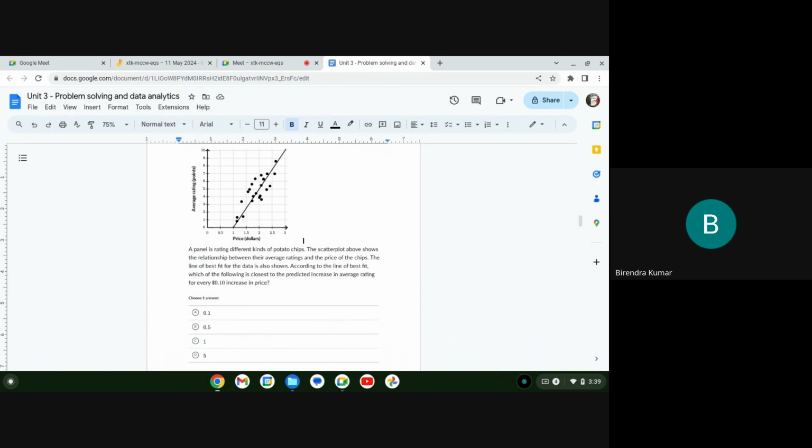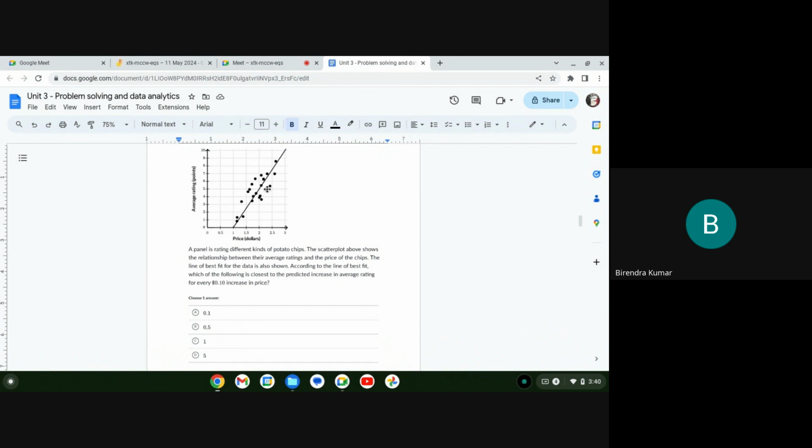So by looking at the scatter plot, we see that when price is increasing, rating is also increasing. So the question is, according to a line of best fit. Now the disclaimer here to remember is, according to a line of best fit, meaning whatever comparison we will do, we'll look at the dots which are very close to or on the line of best fit.